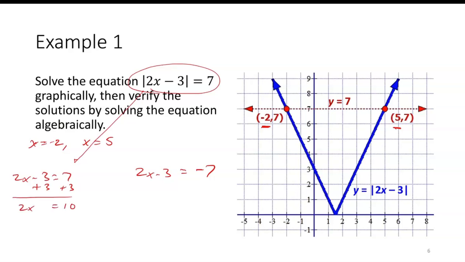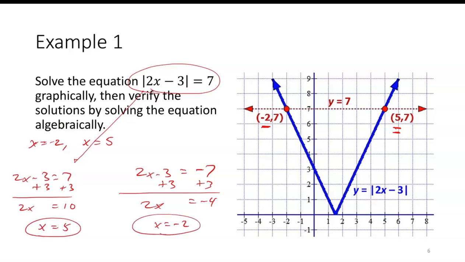And if I divide by 2, I'll have x equal to 5. Okay, that checks. That's the right one right here. For the other one, if I add 3, I'll have 2x equal to negative 4. And then if I divide by 2, I end up with x equal to negative 2. And that corresponds with the left one. So it matches.